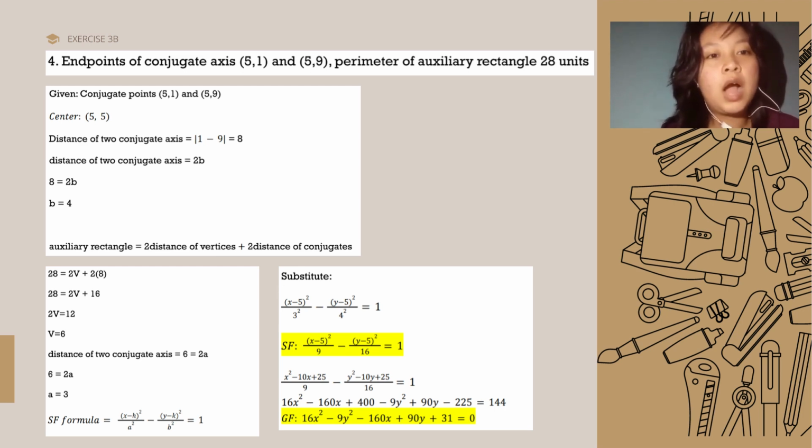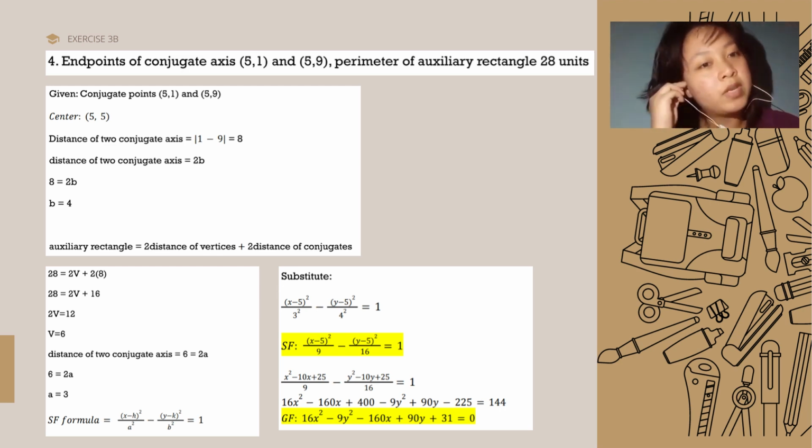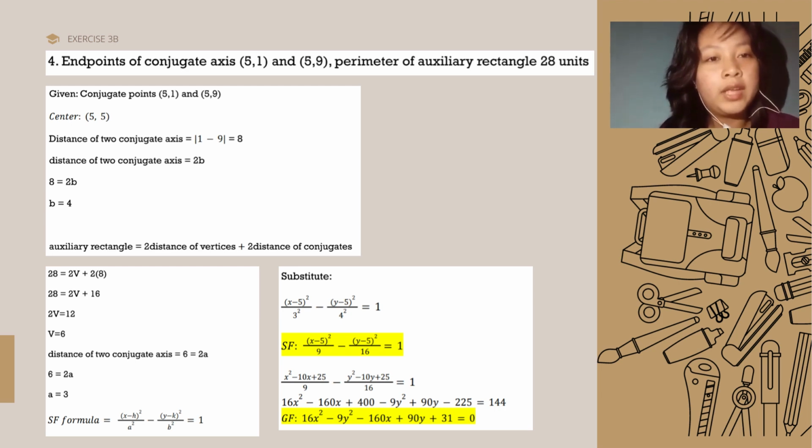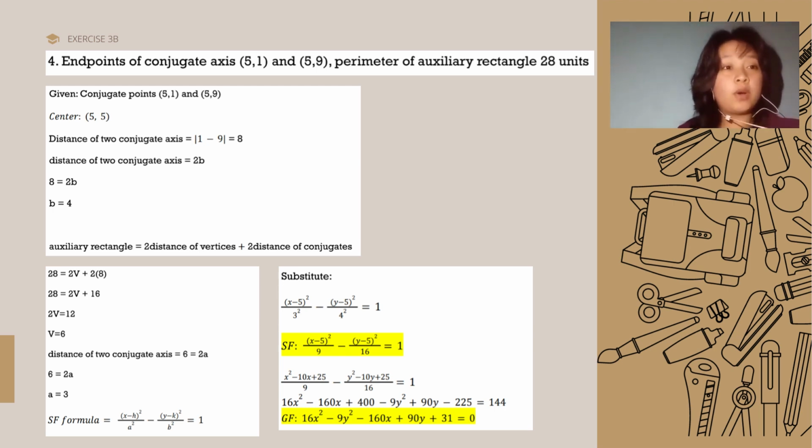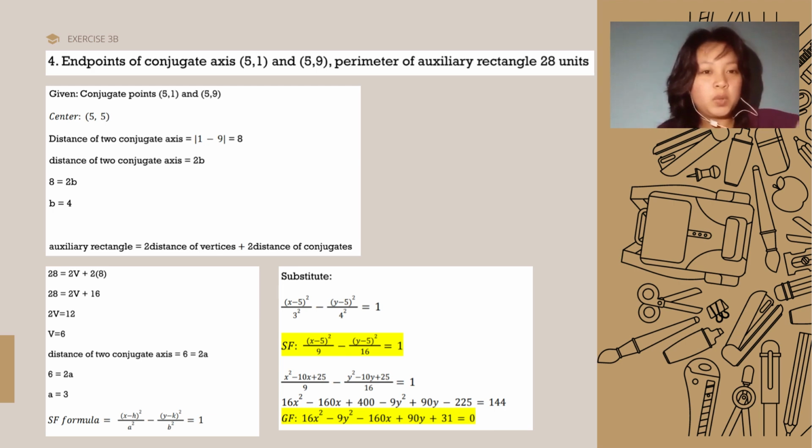So, ang ating general na magiging dito ay (x minus 5) squared over 9 minus (y minus 5) squared over 16. So, saan nanggaling yung 9? So, 3 squared. Saan din naman nanggaling ang 4, which is, ang 16 which is, ang 4 squared is equal to 1.